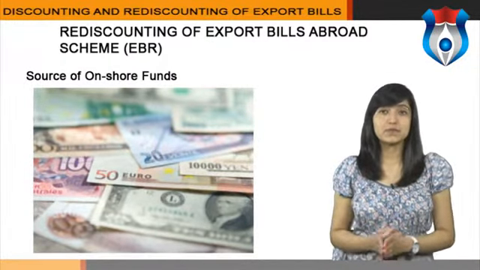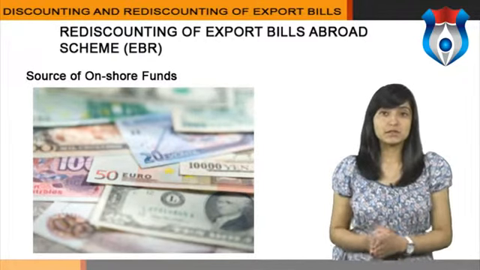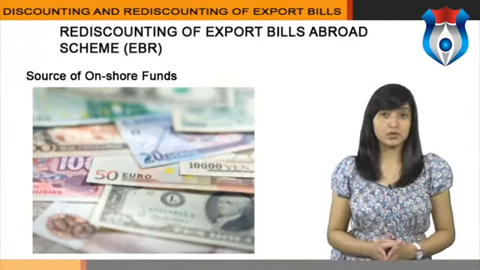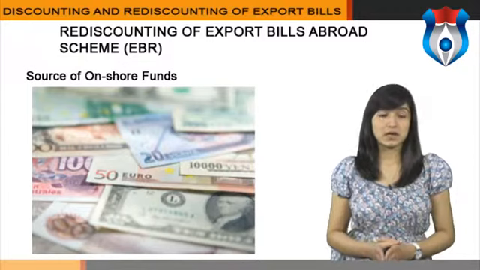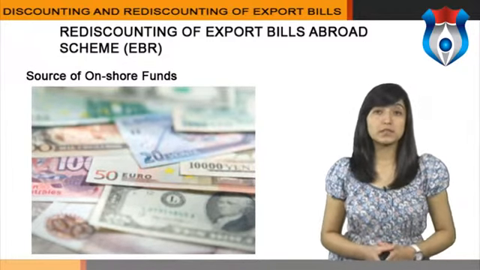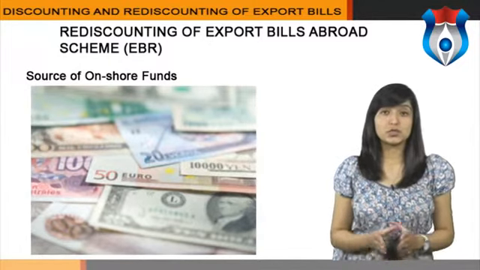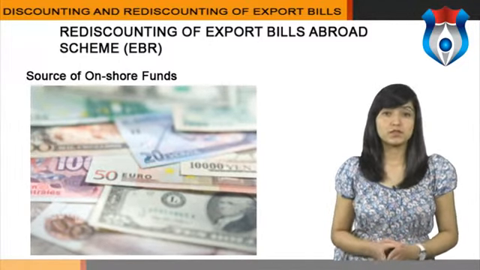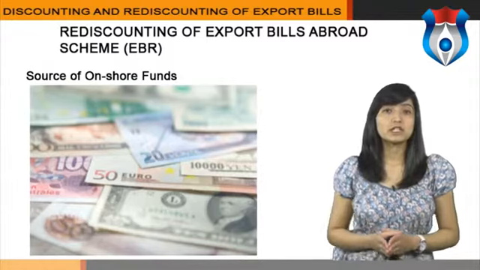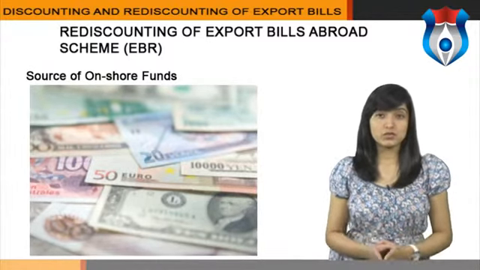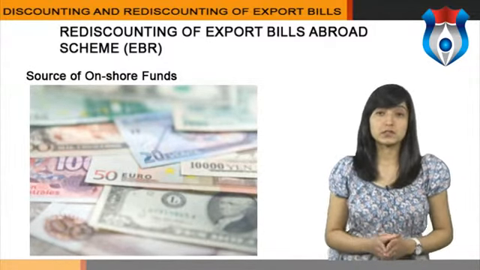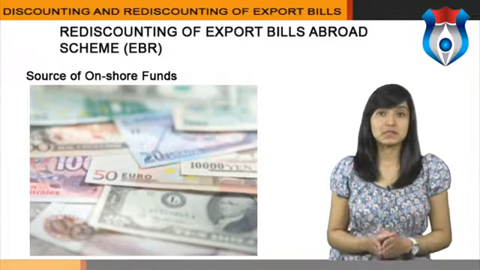Banks may discount usance bills and retain them in their portfolio without resorting to rediscounting. In case of demand bills, these may have to be routed through the existing post-shipment credit facility or by way of foreign exchange loans to the exporters out of the foreign currency balances available with the banks.